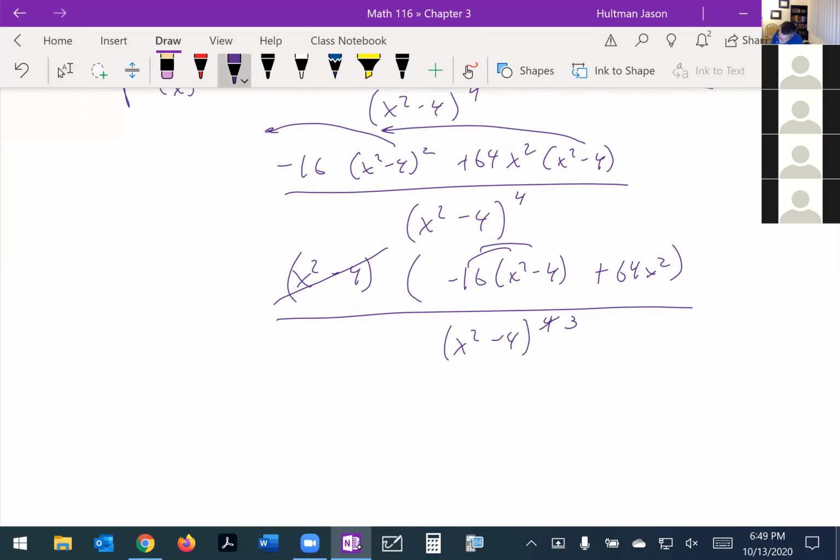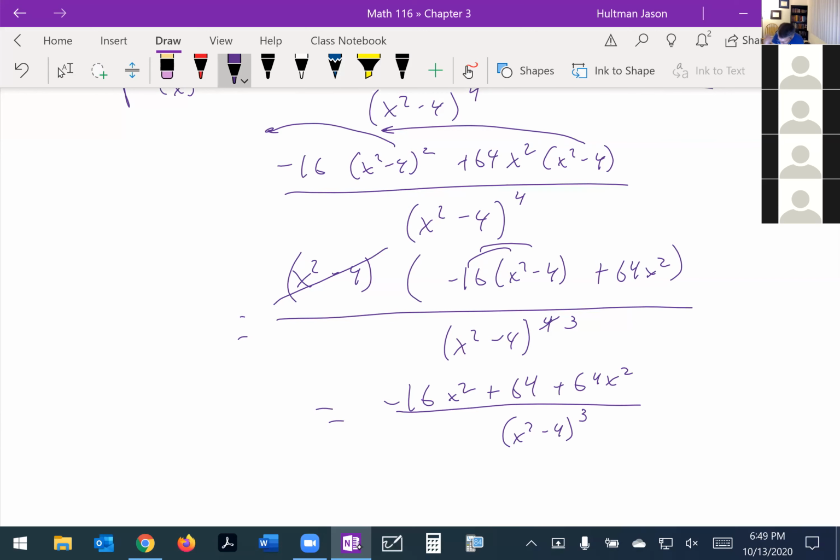If I distribute the negative 16, I get negative 16x squared plus 64, plus 64x squared, all over x squared minus 4 cubed.